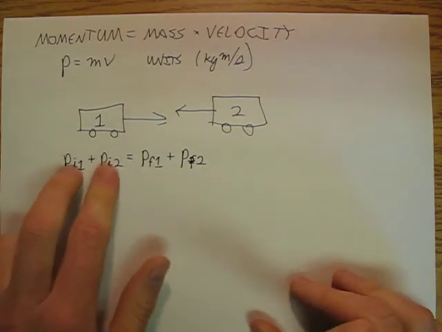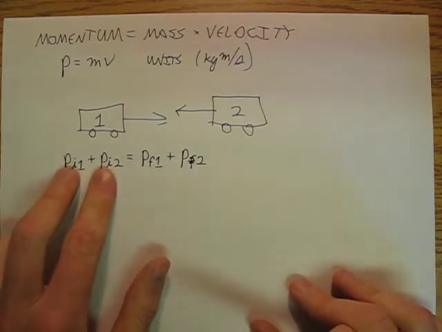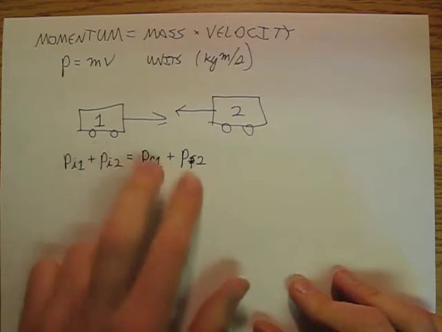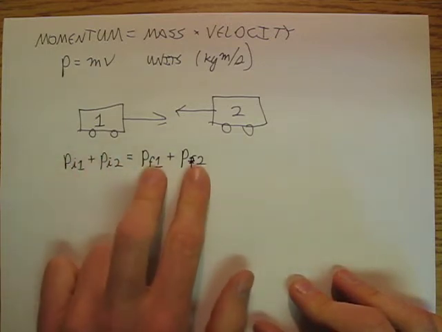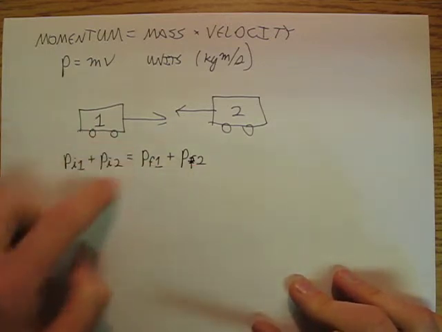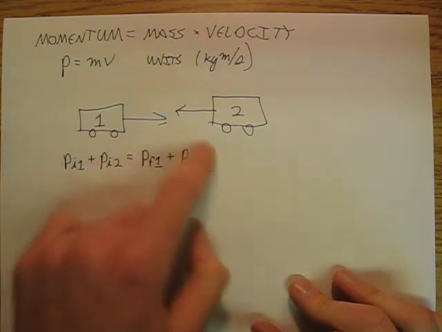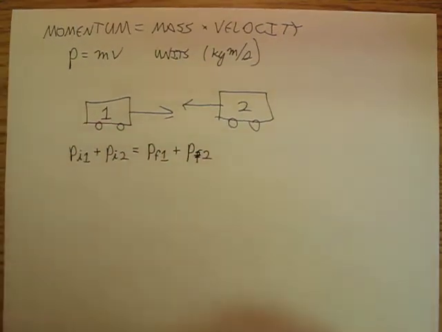So if I take the two initial momenta and add them together, it's going to equal the two final momenta added together. So the total momentum before the collision is equal to the total momentum after the collision.